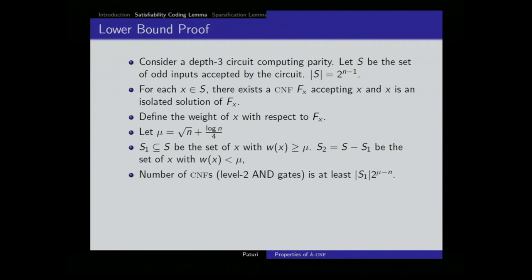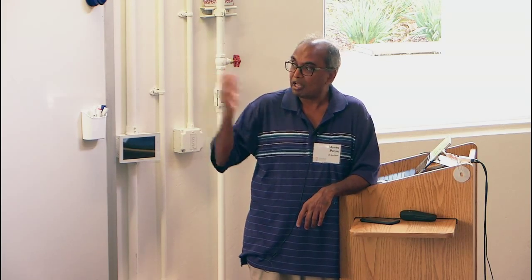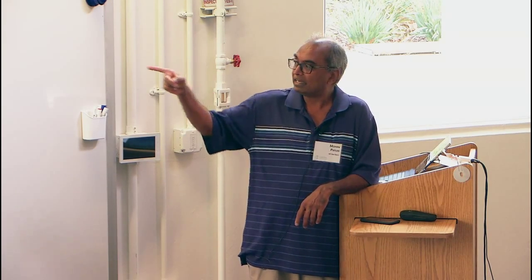That's the set S1, and we know that each k-CNF can only accept 2 to the n minus mu of such inputs. Therefore, to accept all the inputs in S1, we need at least that many k-CNFs. If you have fewer of them, then we can't capture all those inputs in S1.